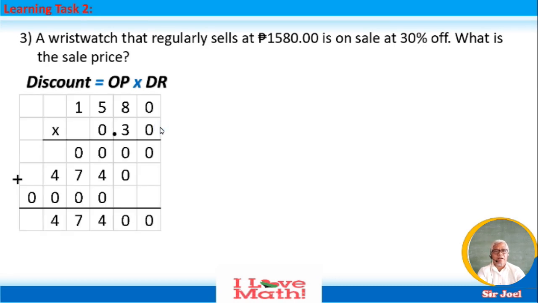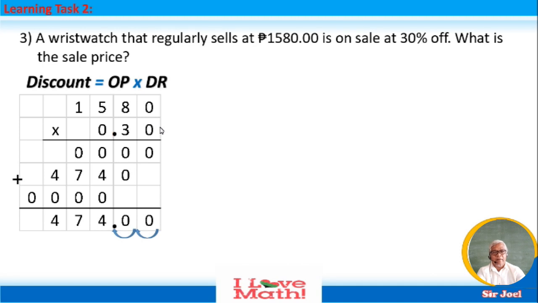Isolve muna yung 1,580 times 0.30, kasi nga, 30%. In this case, dahil meron tayong 2 decimal places sa taas, imumove natin yung point from the end 2 places to the left. So, that is 474.00.